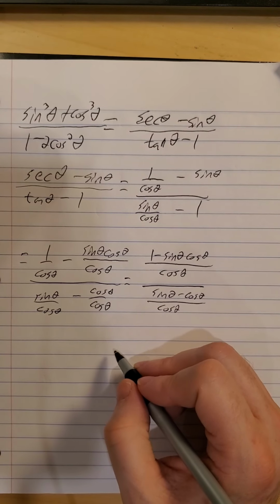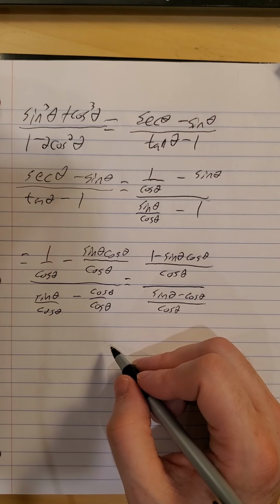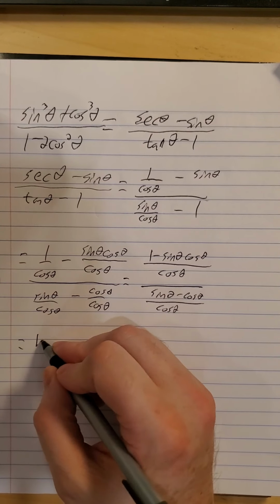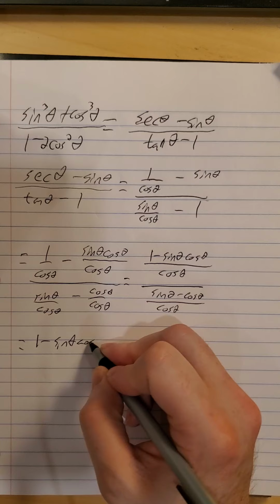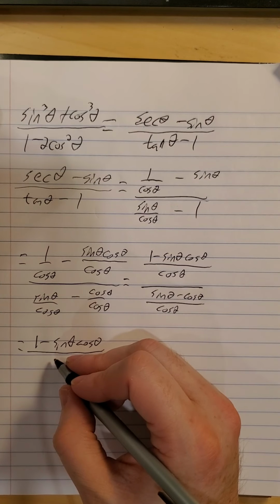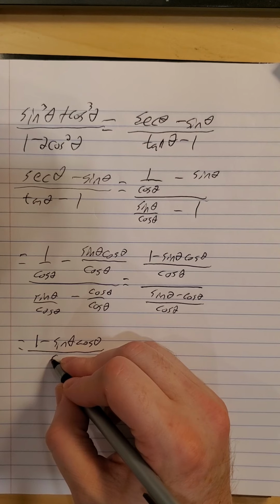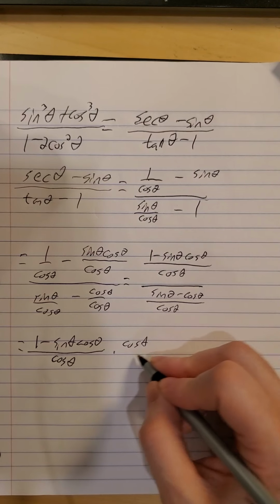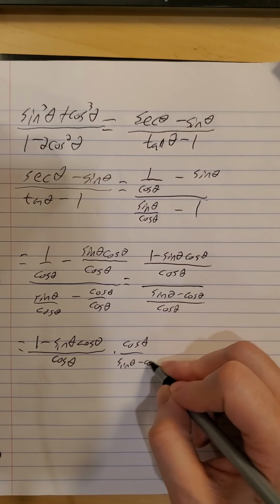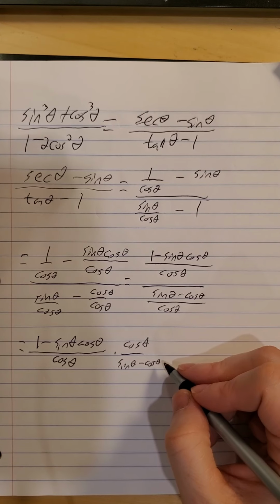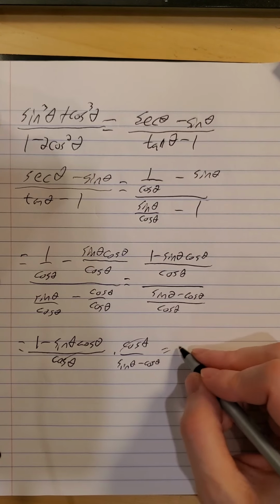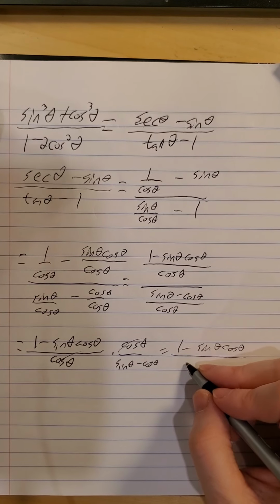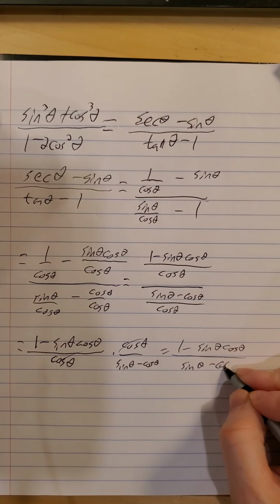So now we'll turn this into multiplying by the reciprocal. So now we have 1 minus sine theta cosine theta over cosine theta times cosine theta over sine theta minus cosine theta. Cosine theta's dropped, so 1 minus sine theta cosine theta over sine theta minus cosine theta.